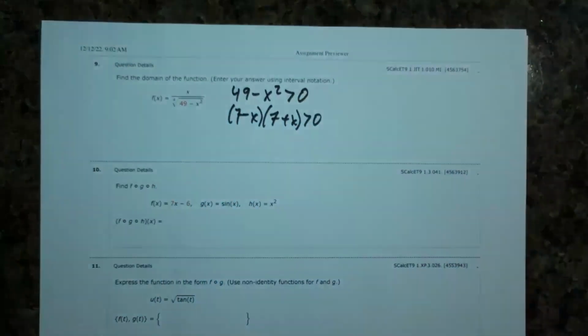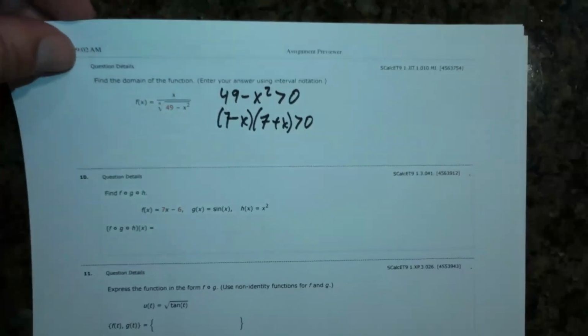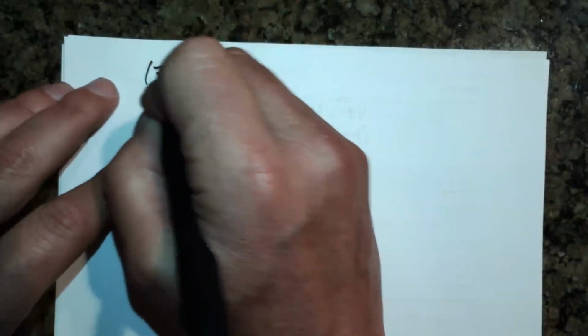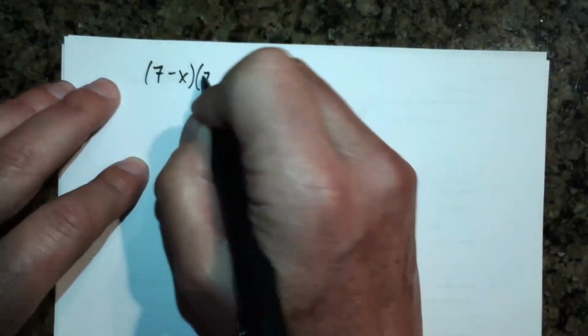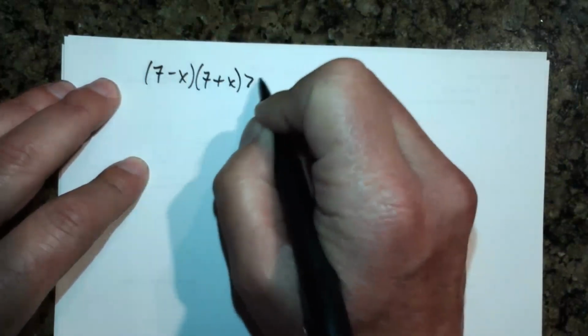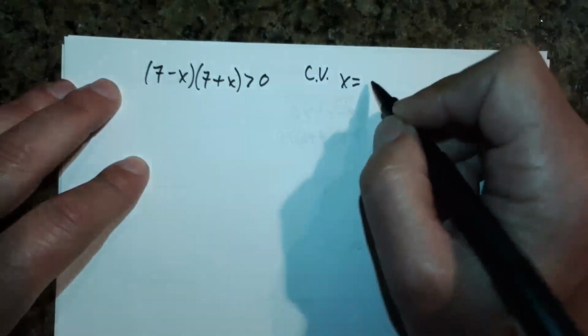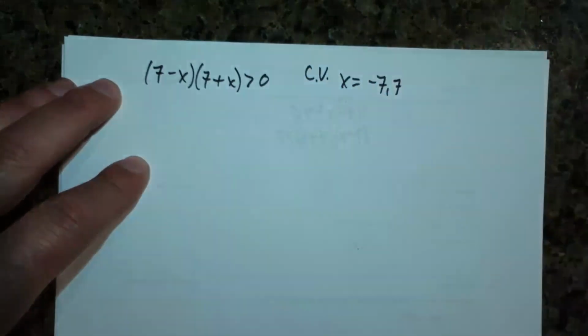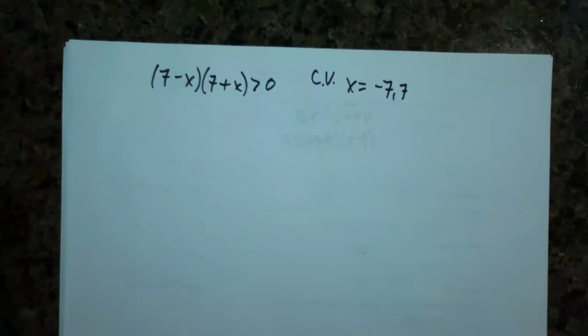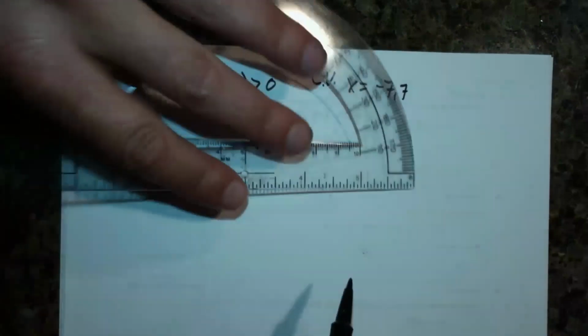And we're going to have to do our number line again. Our critical values in this case are plus or minus 7. And I want a little bit more space, so I'm going to use the blank back. So let's set up our number line again.